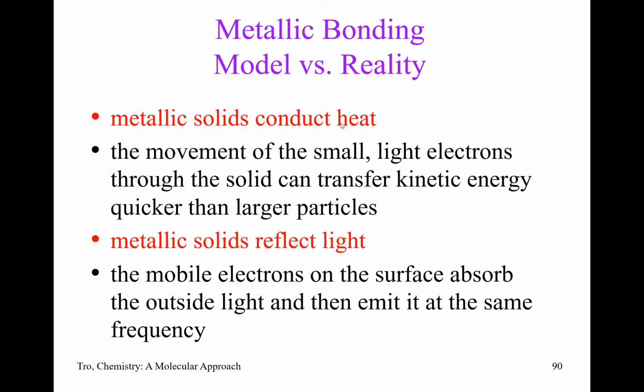They conduct heat. You already knew that. And we'll see that a lot of things in energy have to do with electrons moving, and we'll come back to more next chapter on what forms the covalent molecules. But the electrons can move because they're tiny little things, and they can move through the entire substance, the entire piece of metal.